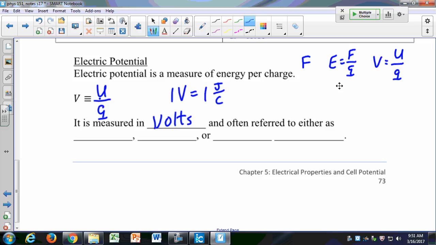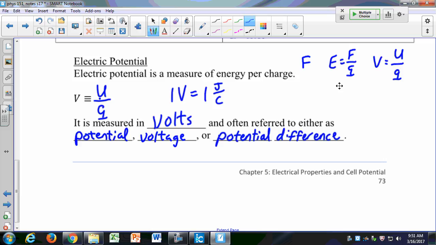It's often referred to as potential, voltage, or potential difference, and we'll use these interchangeably. They're not exactly the same, as we'll see.